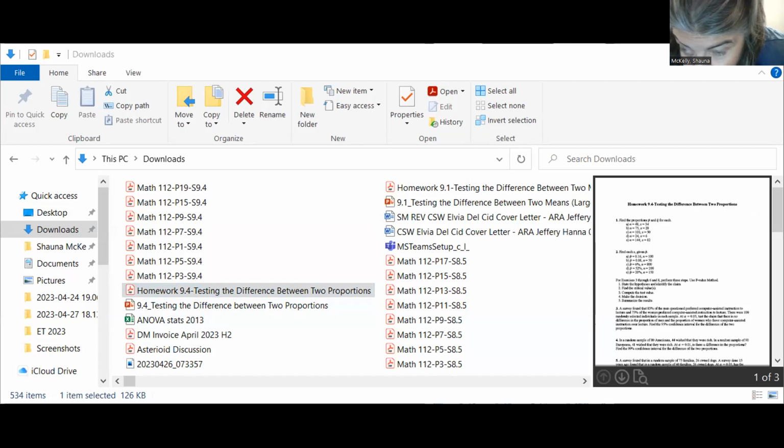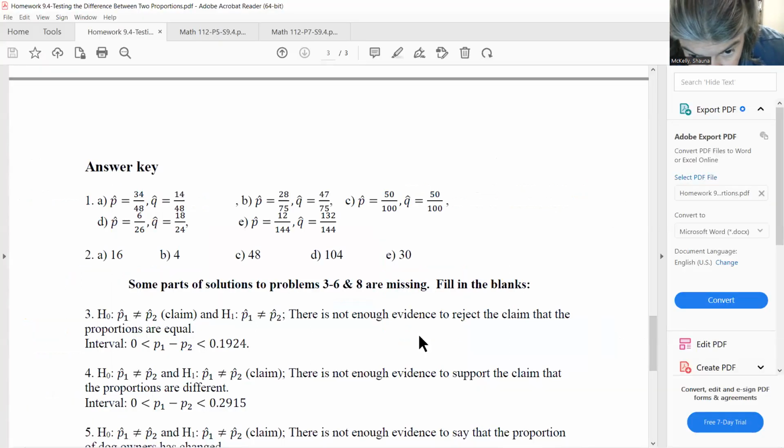This is our answer key. So if you look at the answer key here, she has 0.1924. Okay. So that's how that works out for that. All right.